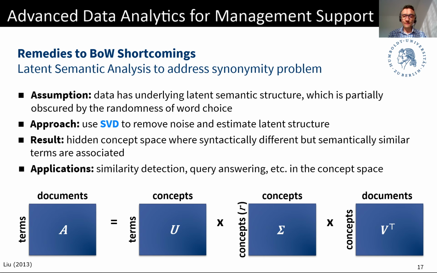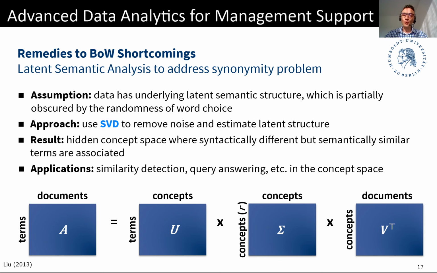whereby, in doing so, we introduce something that's often called a concept space. We have new variables which, mathematically, are the left and the right eigenvectors that enter these matrices U and V, and we have the singular values, the main organelle of our concept matrix here.